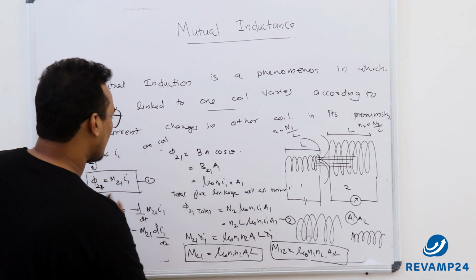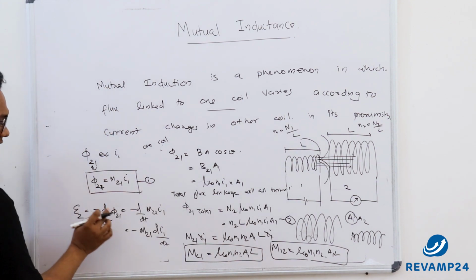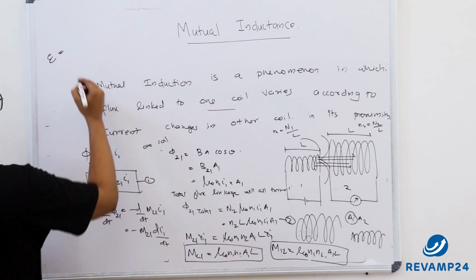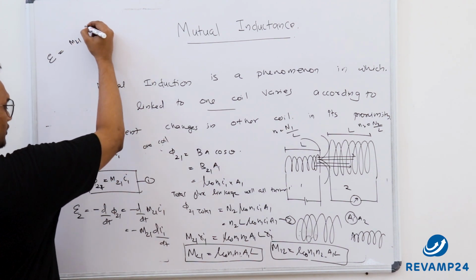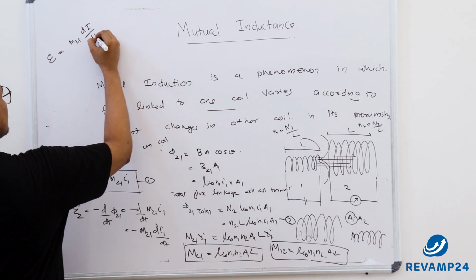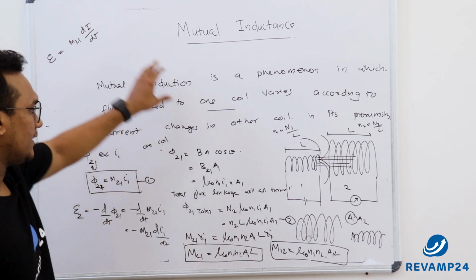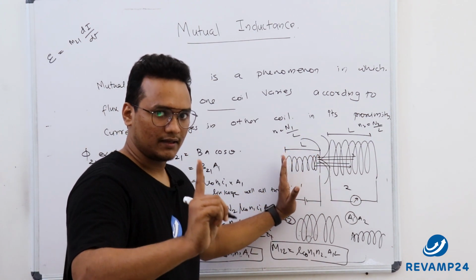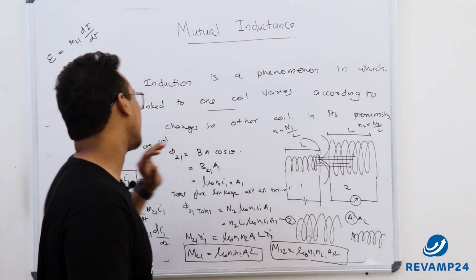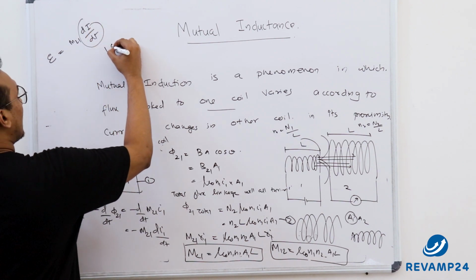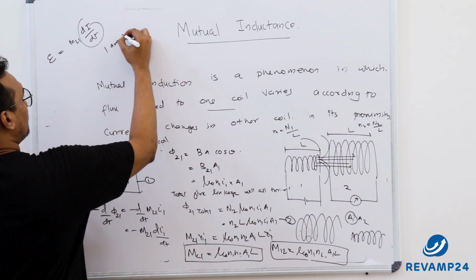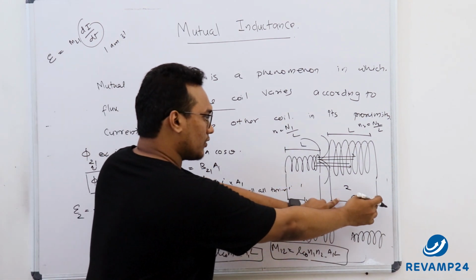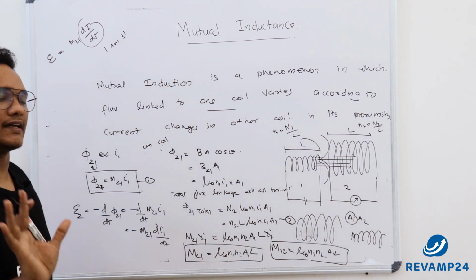And now how to get the value of mutual induction? As per this equation, induced EMF is equal to M21 into dI by dt. This is the magnitude. Now whenever the rate of change of current in this coil is made 1, that is 1 ampere per 1 second, then the induced EMF, whatever you are going to measure here, that will be the mutual induction.